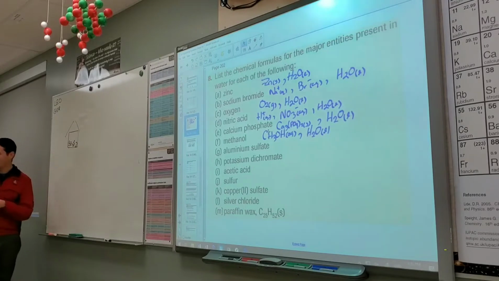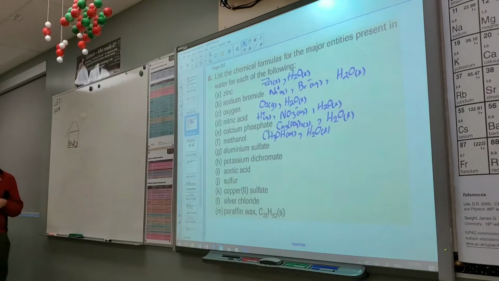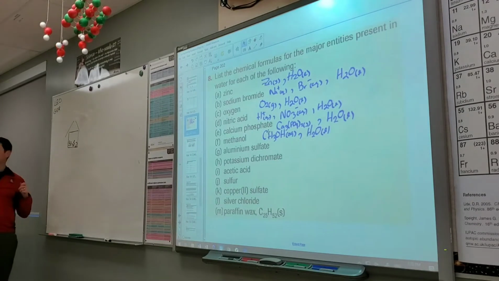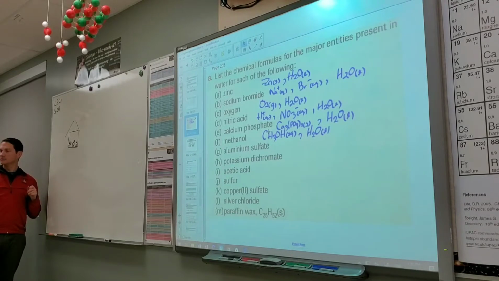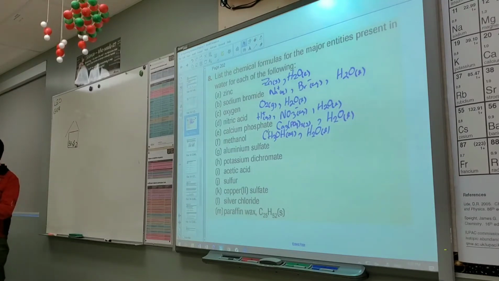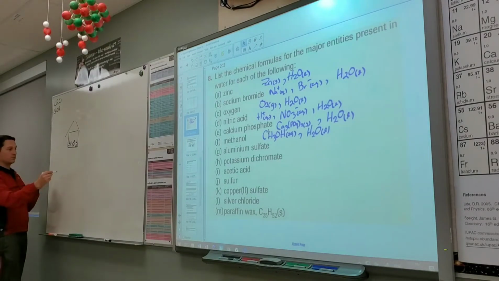I want you to list all of the organisms that we have in my house. Let's list them out. Dog. I don't care how many there are. We're just listing what organisms exist in my house. Dog.